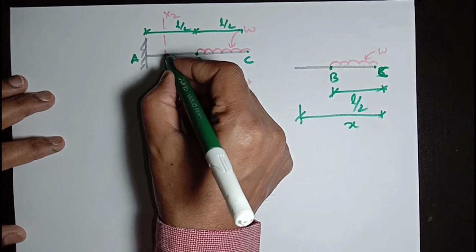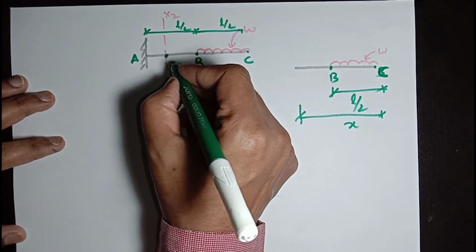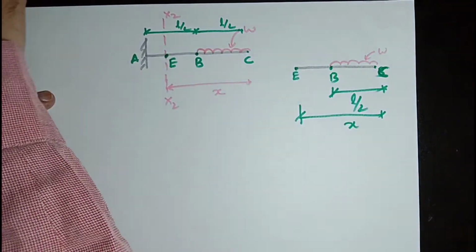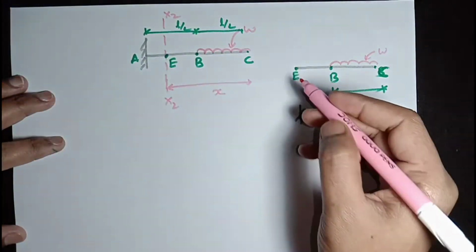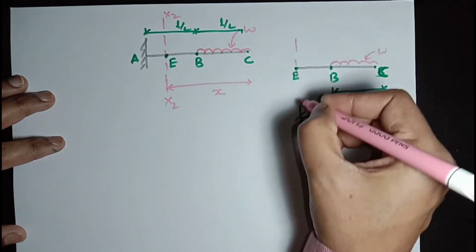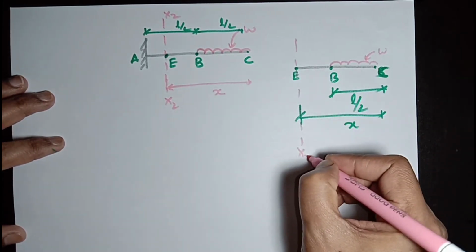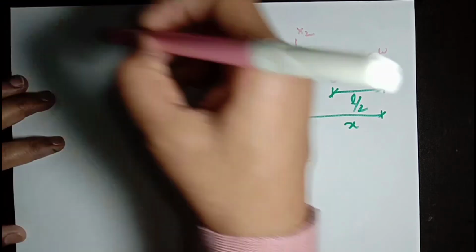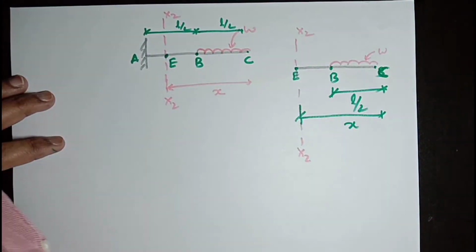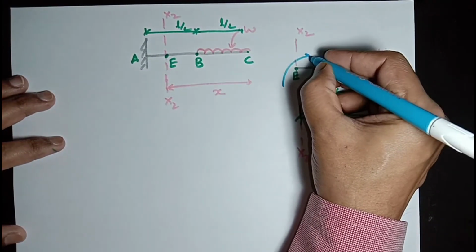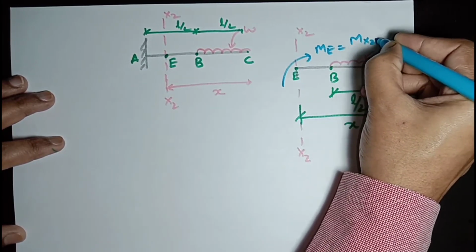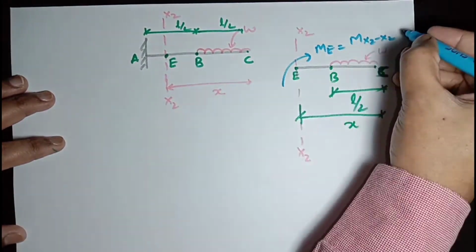Suppose this point we take as E, and we have taken any section here, which is section X2, and we are going to find the moment ME, or you can say MX2.